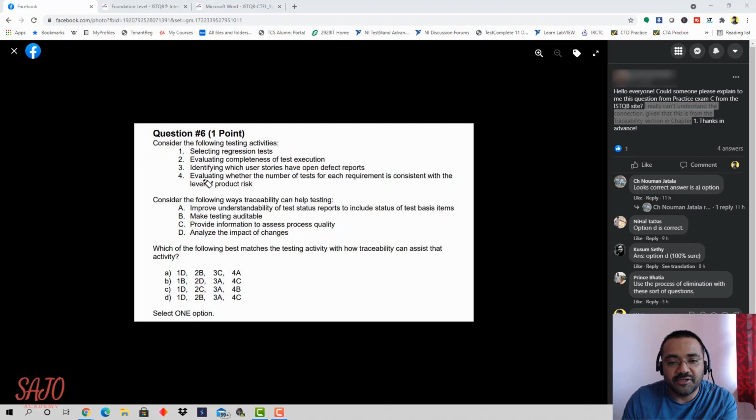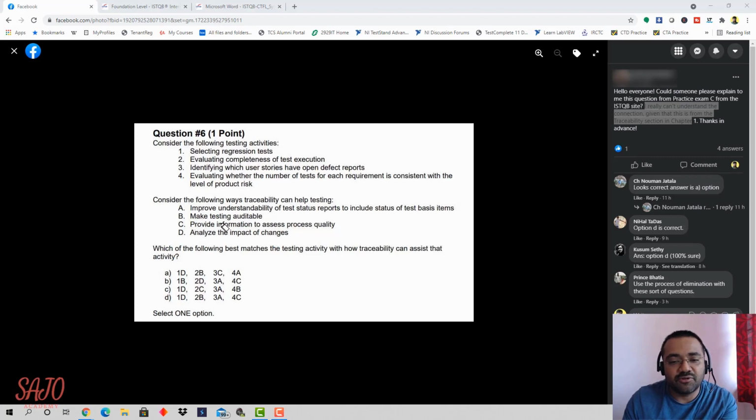The fourth point is evaluating whether the number of tests for each requirement is consistent with the level of product risk. This is providing the quality information of your tests.